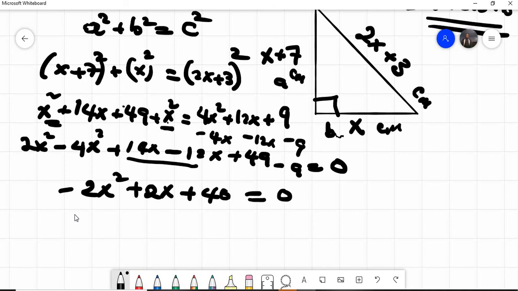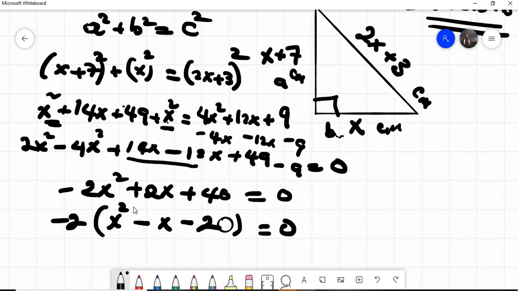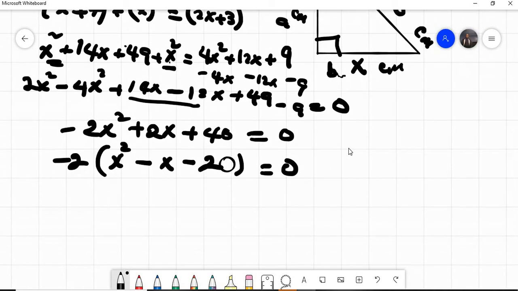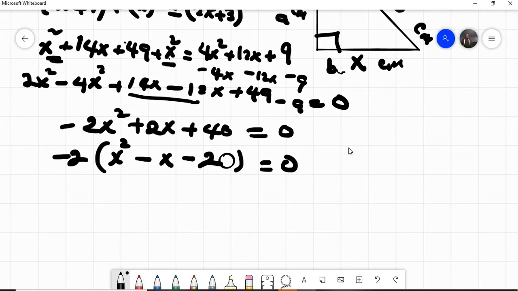So now, in order to simplify, we can factor out or divide by 2. So we're gonna factor out negative 2, and then we're gonna be left with x squared minus x minus 20, because we divide everything by 2, equals 0. So now we have to find two numbers.